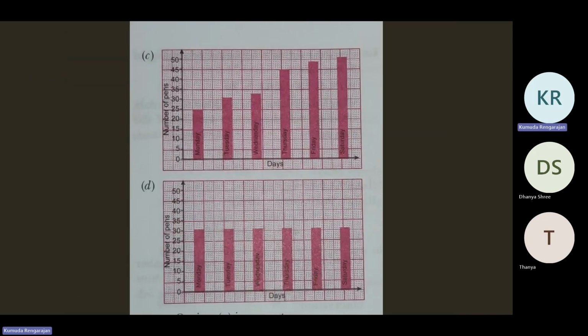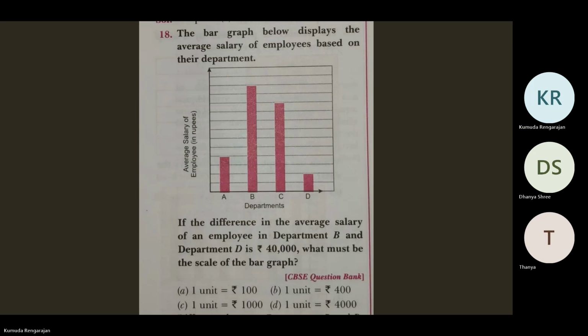Which is the next one? Yeah, this one. So the bar graph, what's written on top, children?